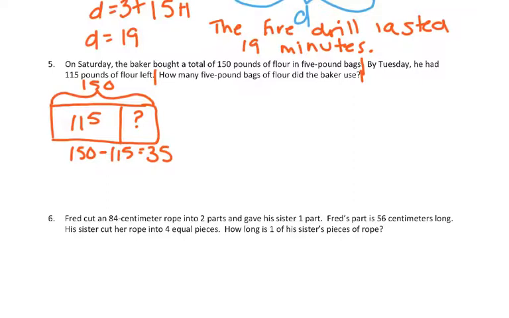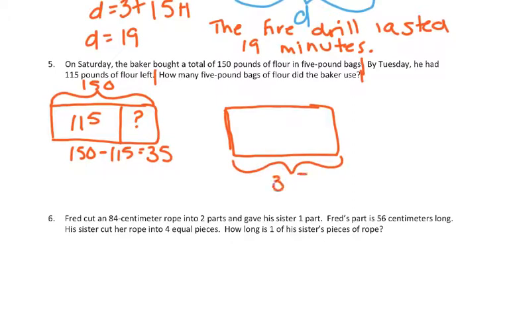Now we need to figure out how many 5-pound bags of flour that 35 is. So we're going to draw another tape diagram. Total, this is 35. And we know that 1 is worth 5.